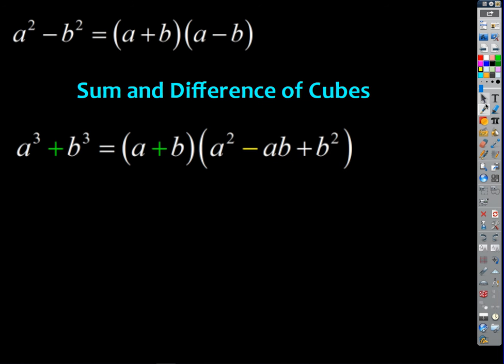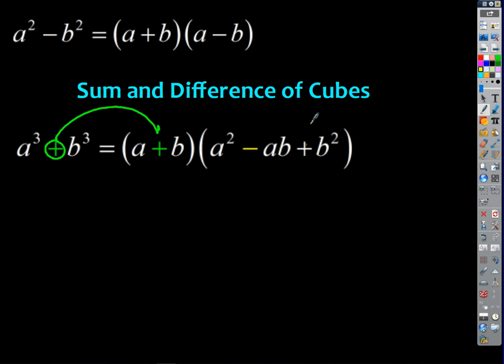And then you notice what happens with the signs. Whatever the sign is that you're using, if it's a sum of cubes, it's going to be a cubed plus b cubed. If it's a difference of cubes, then that's going to be a minus sign. Whichever sign shows up in the binomial that you start with, you get the same thing in the first binomial factor. Whatever is there is automatically going to be there.